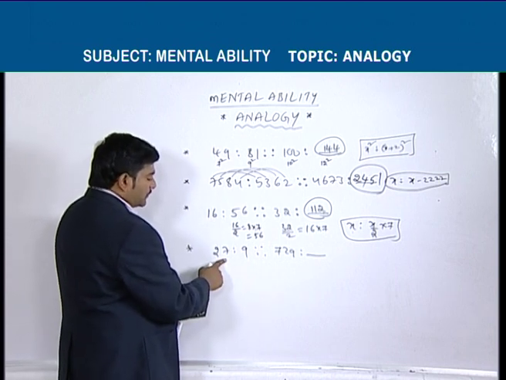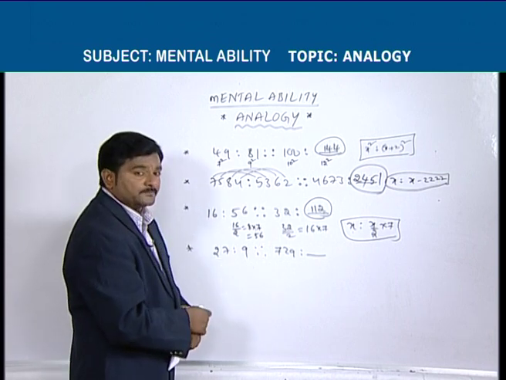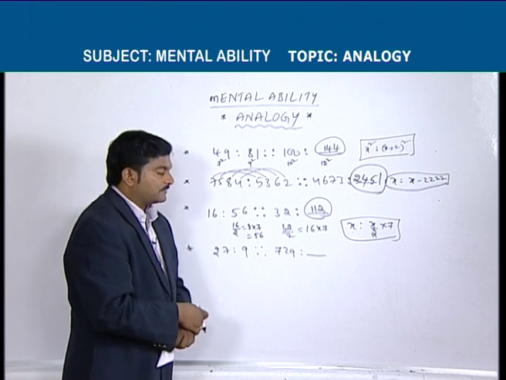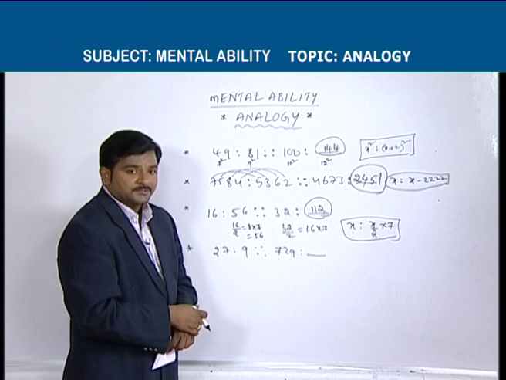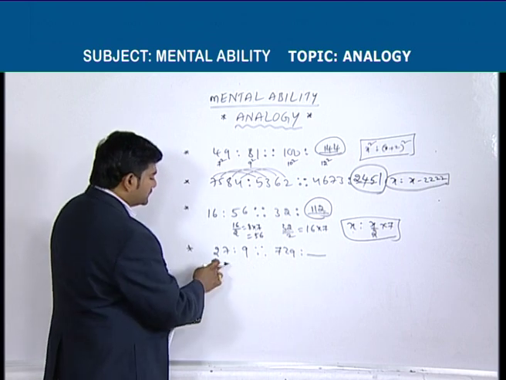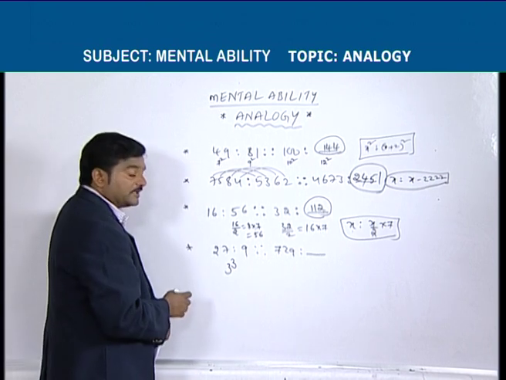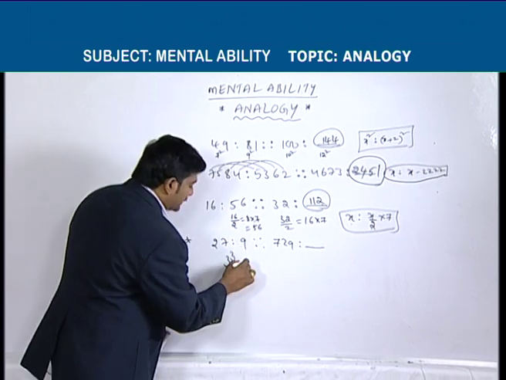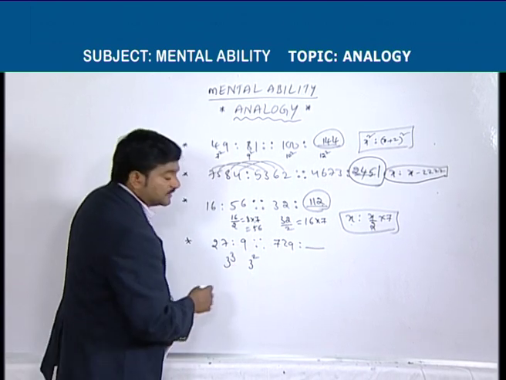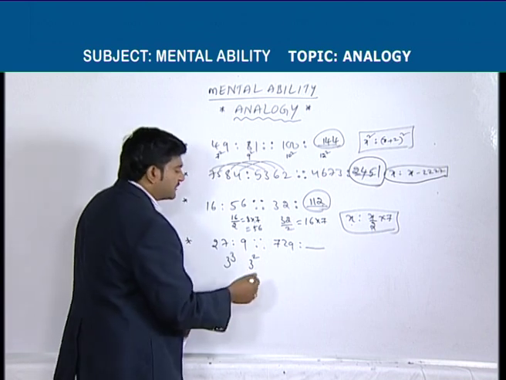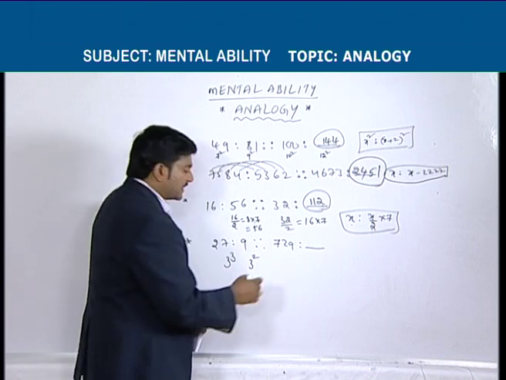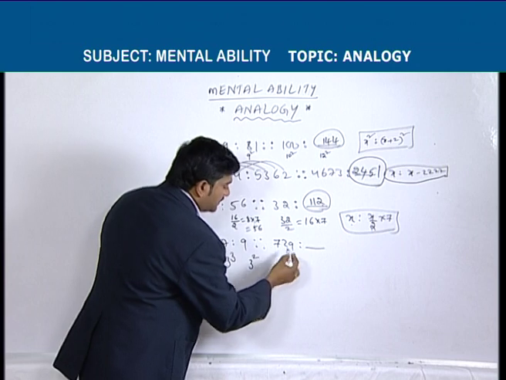This is 27 is to 9 as 729 is to dash. So it's very clear. 27 means here you can write 3 cube. Similarly 9, you can write 3 square. So now apply the same concept here. 729 means obviously 9 cube.